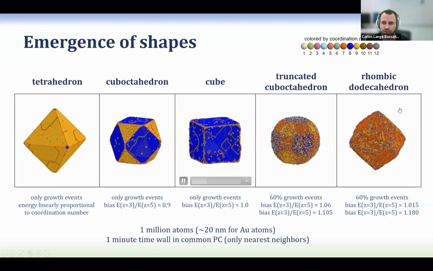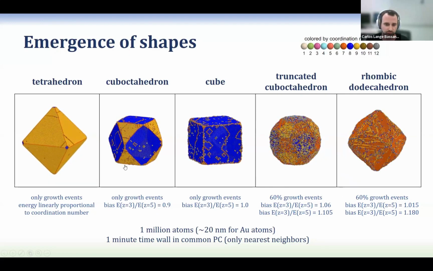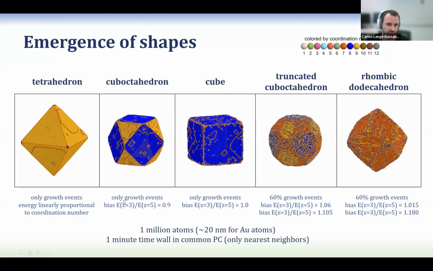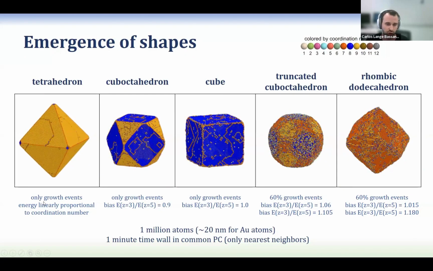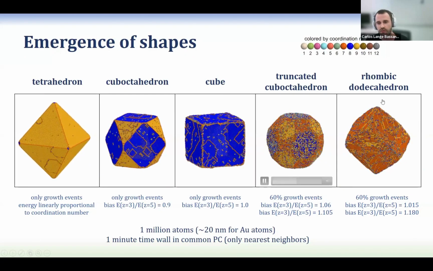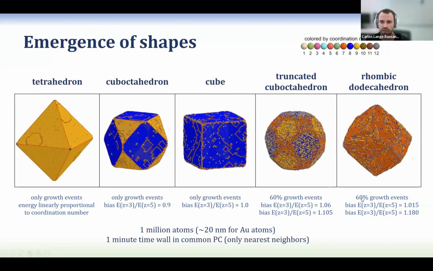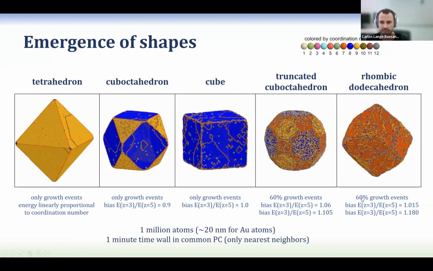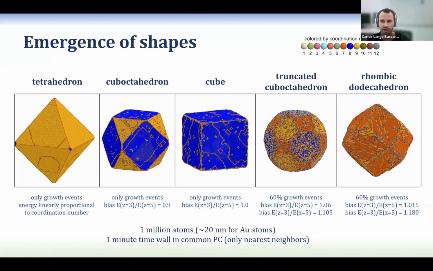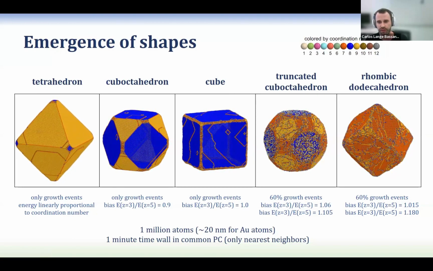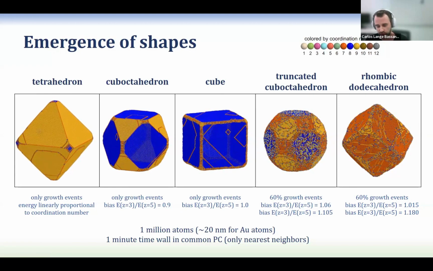Octahedrons, cubes, rhombic dodecahedron. The difference here is that for these first three, we only grow atoms. In order to form the 1,1,0 facets, we also need to dissolve some atoms and let the shape heal, and it will find a different local minimum.